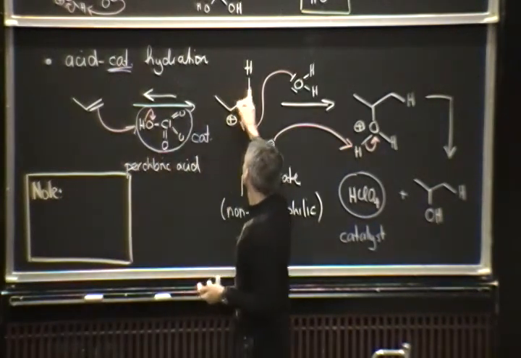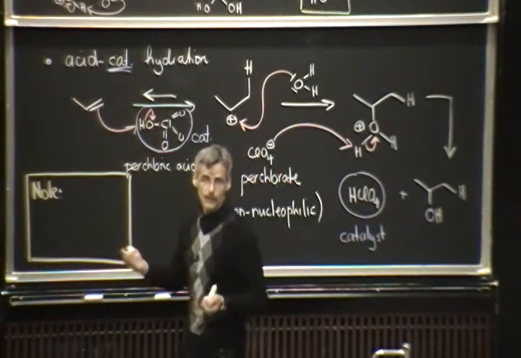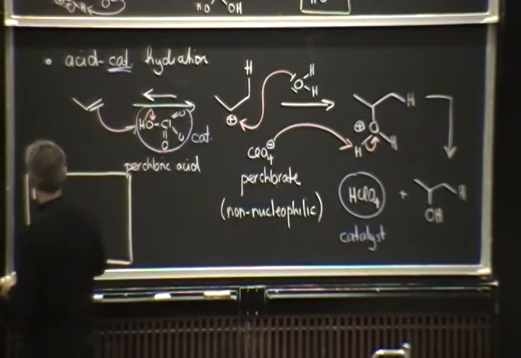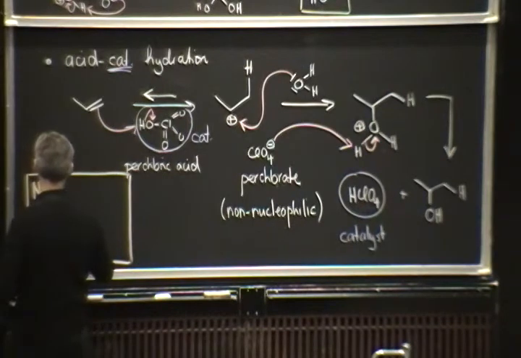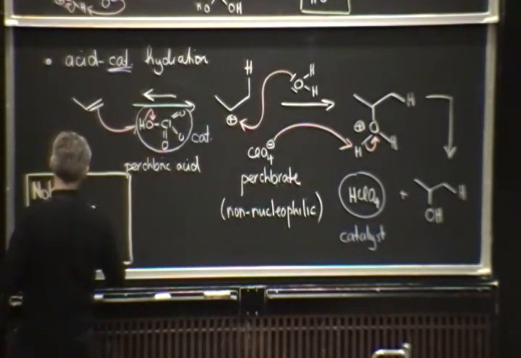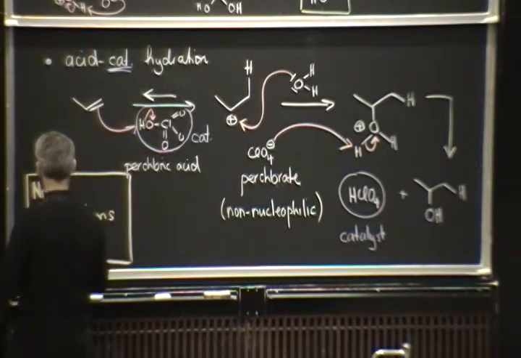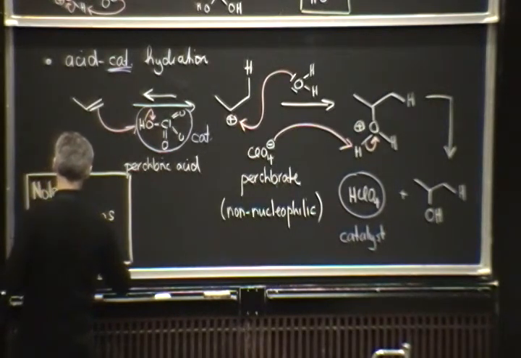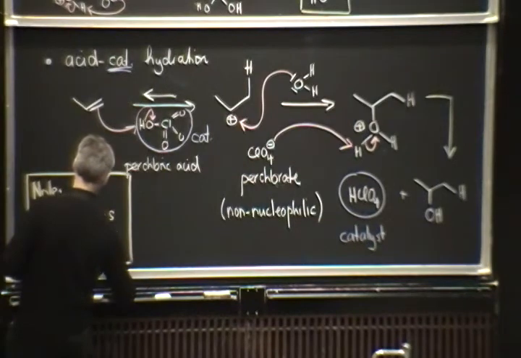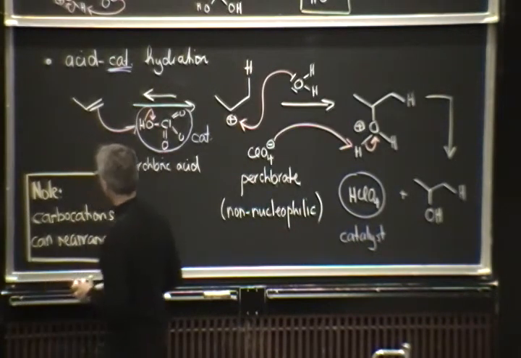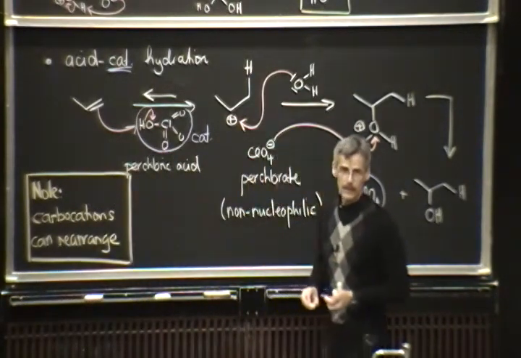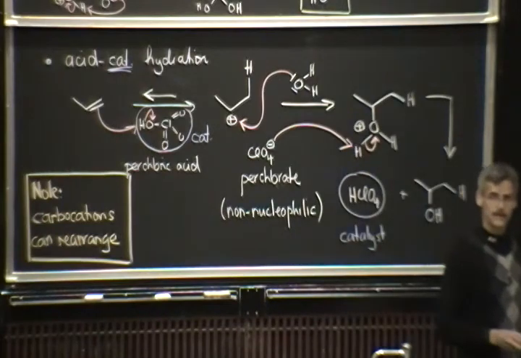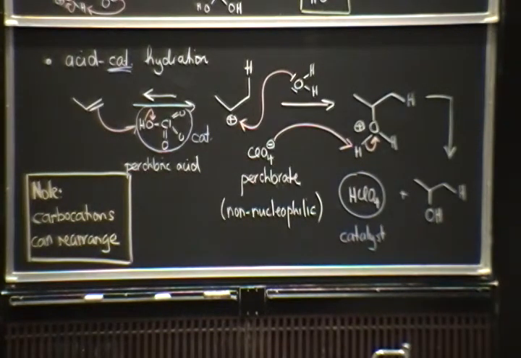The carbocations can lead to rearrangements, for example, Wagner-Meerwein rearrangements. So the carbocations that we form in these hydration reactions can rearrange if you can form a more stable carbocation.